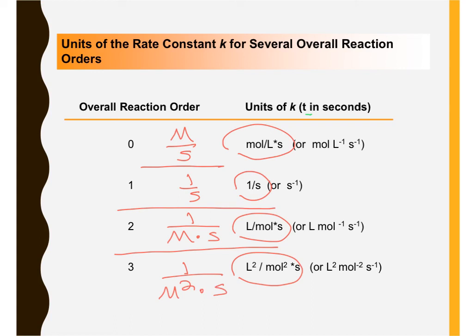What's going on here? What's the pattern? Do you notice that in going from a lower order to a higher order, each time we divide by molarity? So if you have 0 order, you divide by molarity, you get 1 over seconds. Divide by molarity again, divide by molarity again. That just might help you remember it. That is it for this PowerPoint.